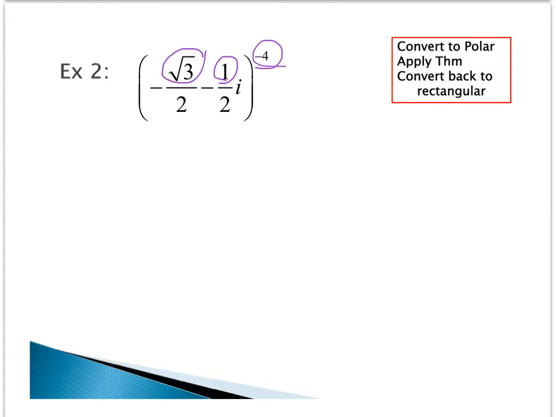So if you think about this triangle, since it's negative, negative, that means we're in quadrant 3. And essentially what I have is my triangle that looks like this. And this is my root 3 over 2, and this is my 1/2.